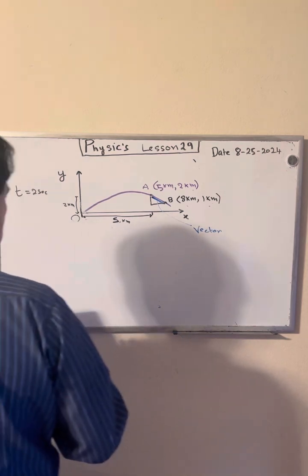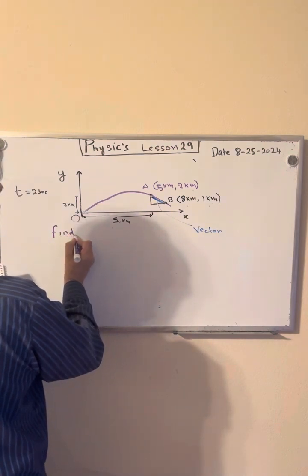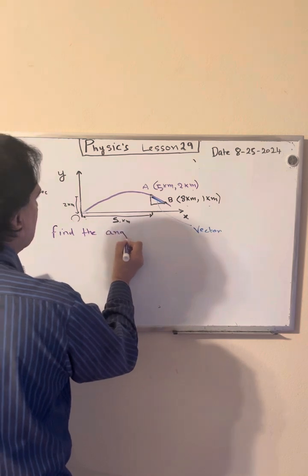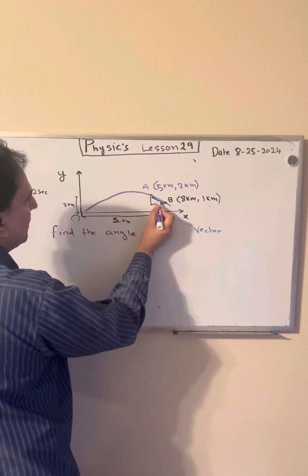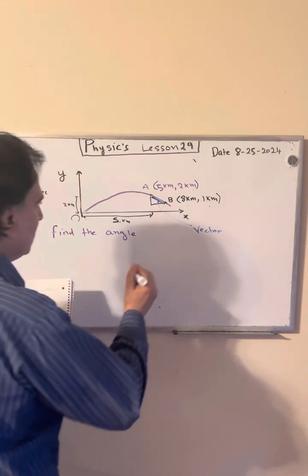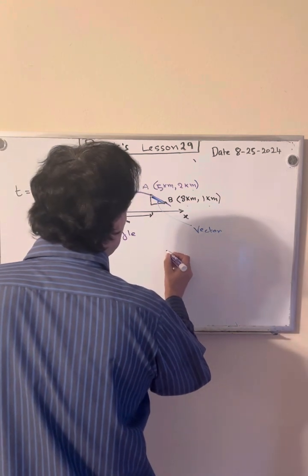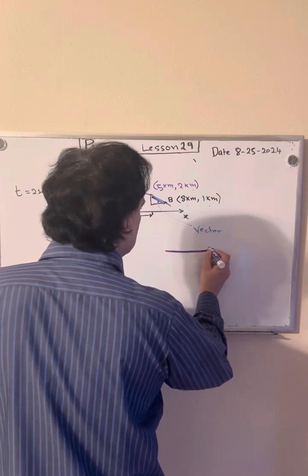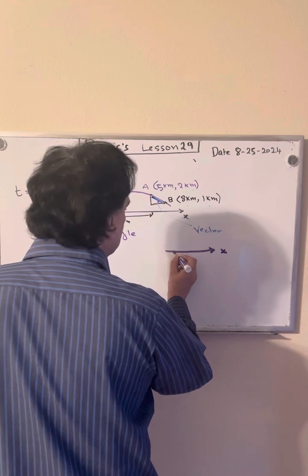Okay. So now basically we're saying find the angle. All right. And I'm talking about this angle right here. Let me draw this, make it a little bigger in a clear picture. So let's say you have this as the x-axis. This is your vector.